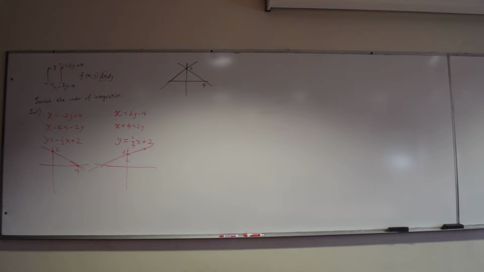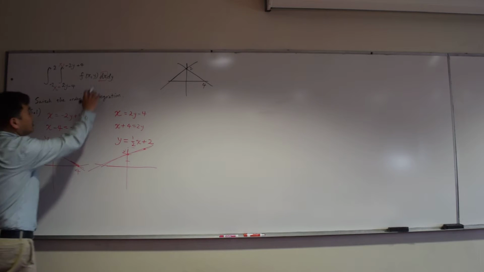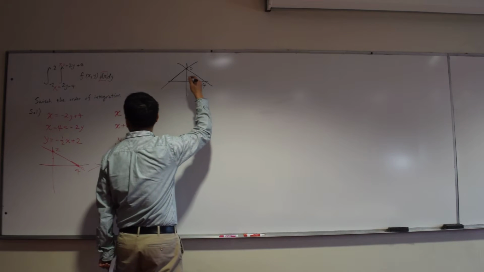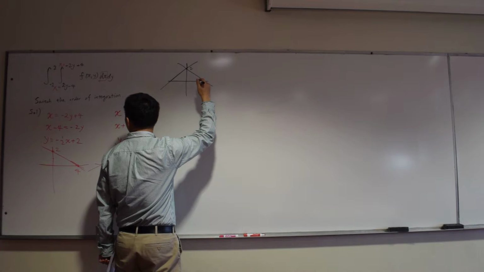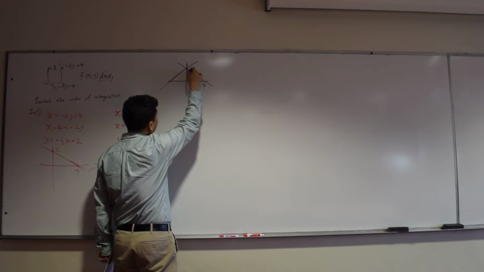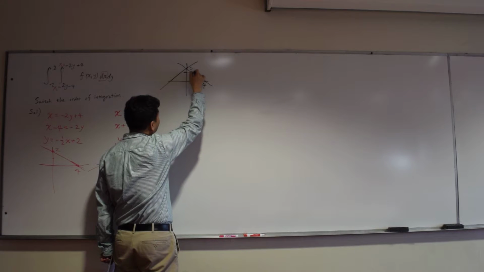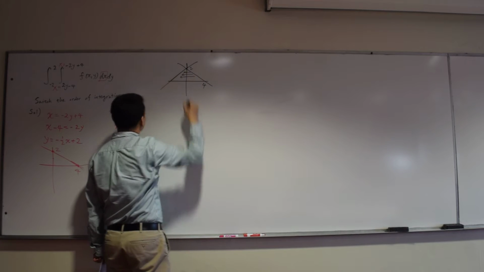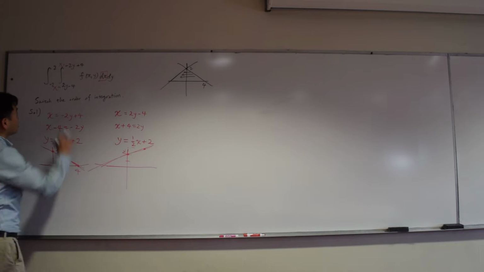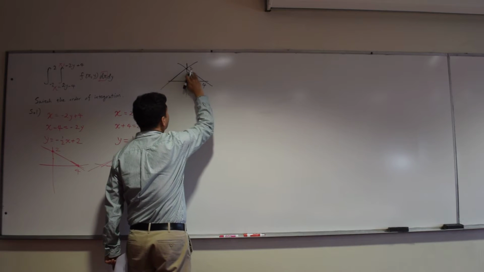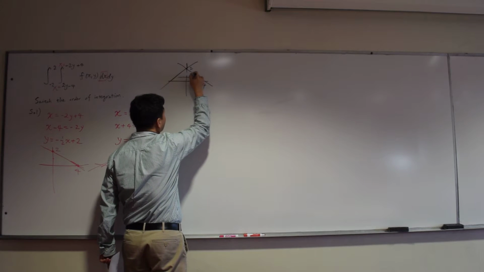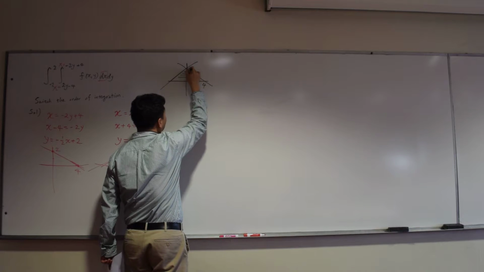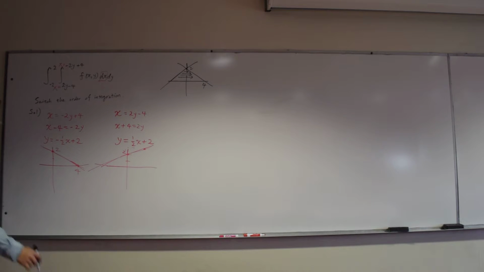Okay, now, because this is dx, what you're trying to do is go right. Oh, no, you're going right. Sorry. You're going right, so you're going this way. On the other hand, your y values are from -2 to 2.